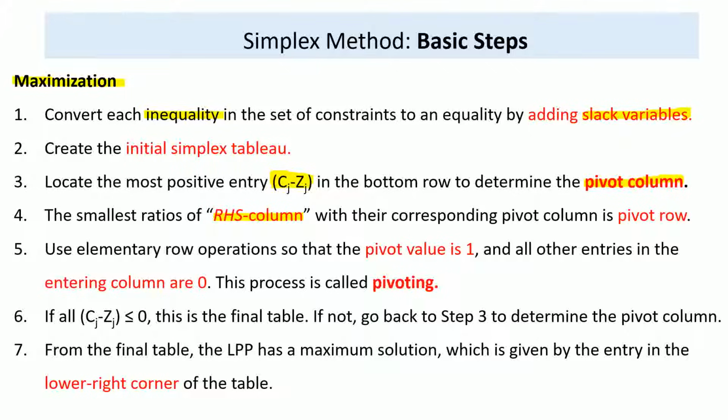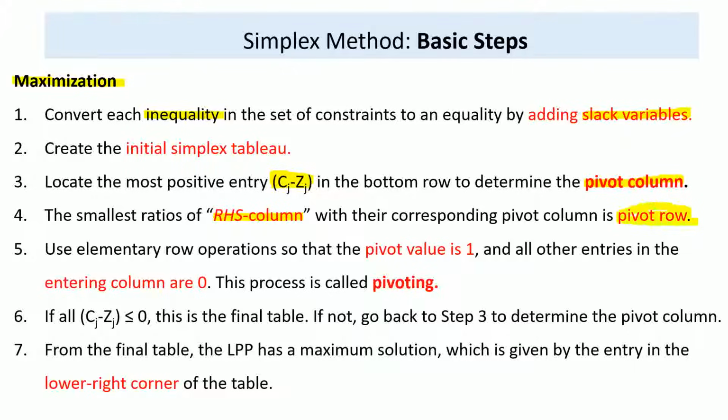So the smallest ratio of the right-hand side column to the pivot column becomes the pivot row. After finding the pivot row, the intersection of the pivot column and the pivot row becomes the pivot value, or the pivot number, we can say.